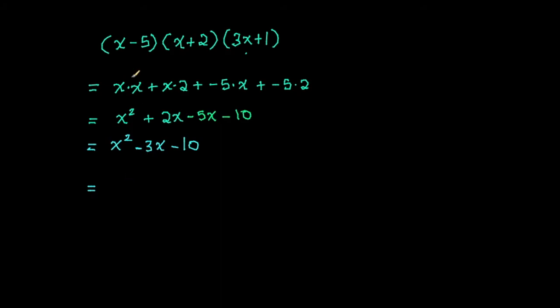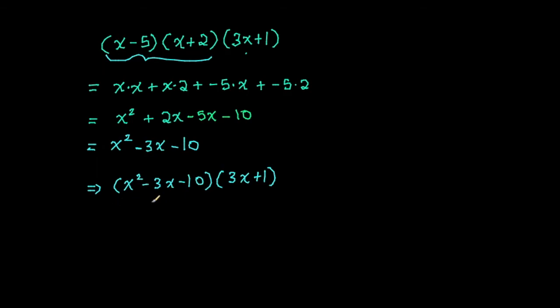This part right here is just equal to this part down here. So now all we have to do is multiply this by the 3x plus 1. So this is x squared minus 3x minus 10, all multiplied by the expression 3x plus 1.